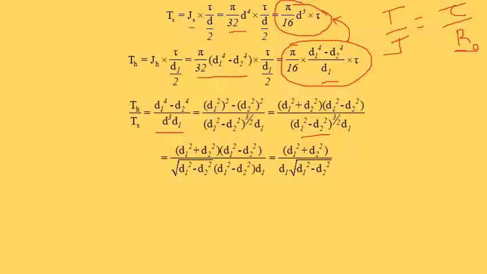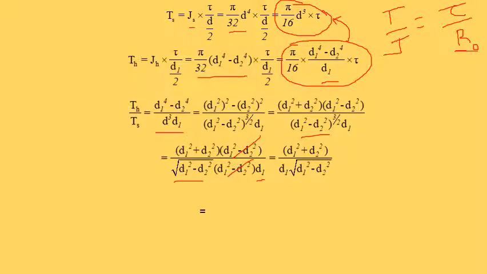In the next step, this (d1² − d2²) gets cancelled, and the remaining term is (d1² + d2²) divided by d1 into the square root of (d1² − d2²).